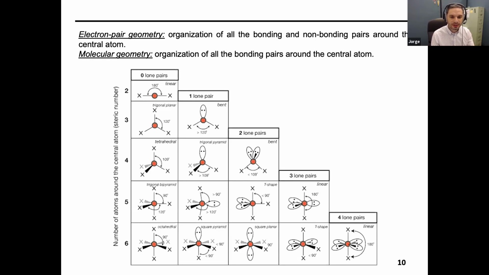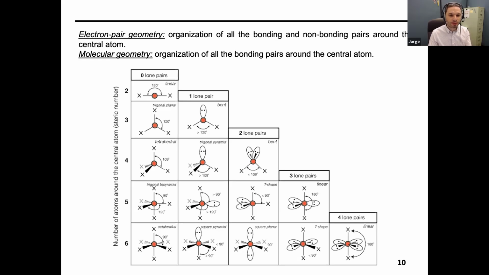The first step is to determine the electron pair geometry using the steric number, and that will take into account all the bonding and non-bonding pairs around the central atom. And from the electron pair geometry, we are going to extract the molecular geometry.